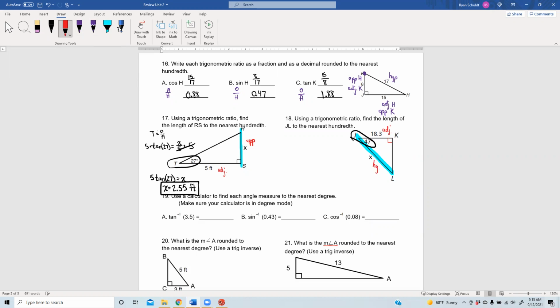The X is going to be our hypotenuse. So which one uses adjacent and hypotenuse? Cosine. So the cosine of 47 degrees is equal to 18.3 over X.